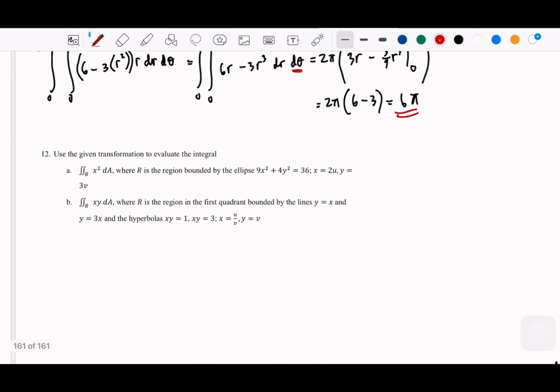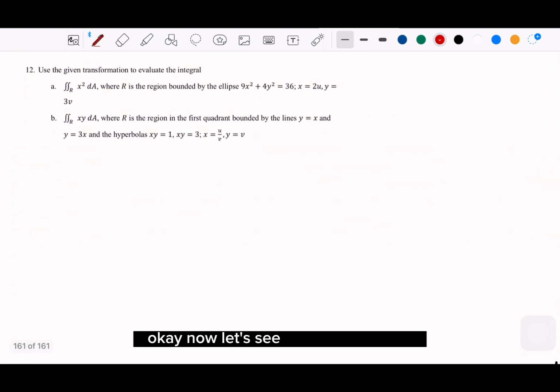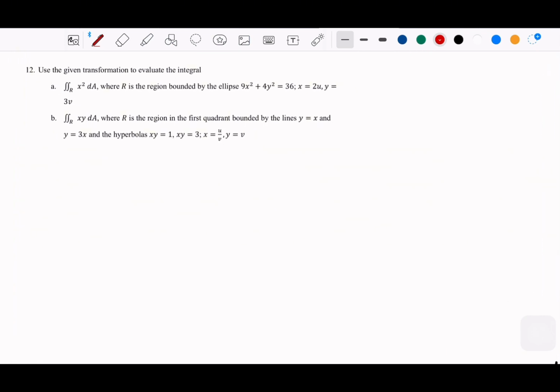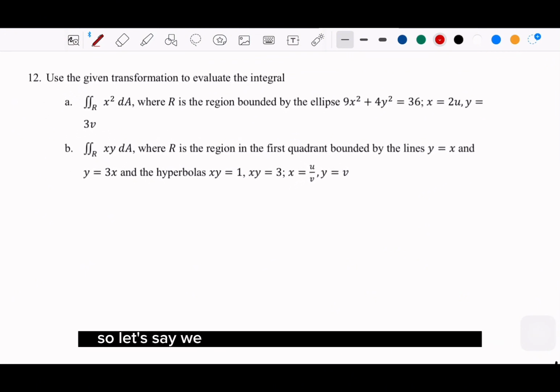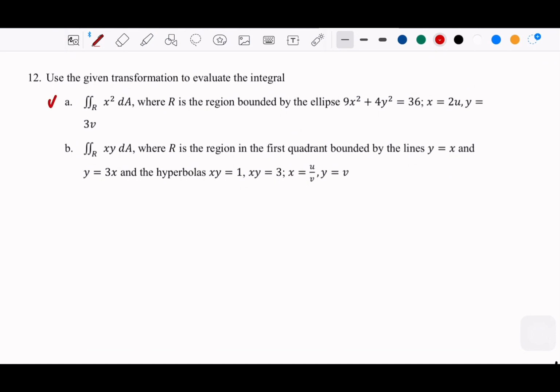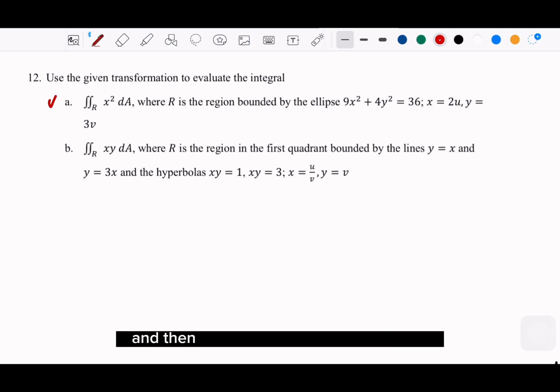Okay, now let's see the next one here. Use the given transformation to evaluate the integral. Let's say we are going to solve number A. So you can pause the video and then we can start to solve it together.